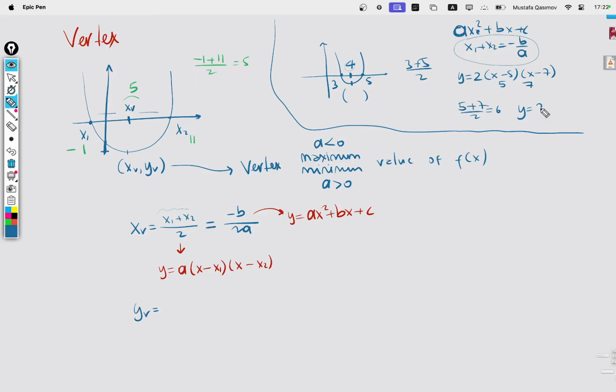Y is equal to 2 multiplied by 6 minus 5, which is 1, and 6 minus 7, which is -1. It is equal to -2. So for finding y vertex, you have to write x vertex instead of x in this function. Then you will get its y value. Or you can use this formula, but it is complicated. I never use this formula. This one is the best one.